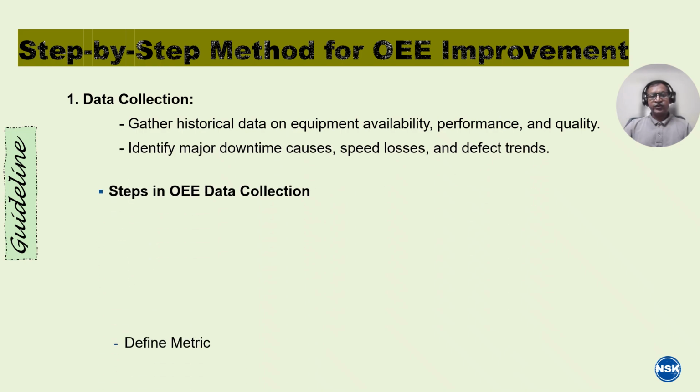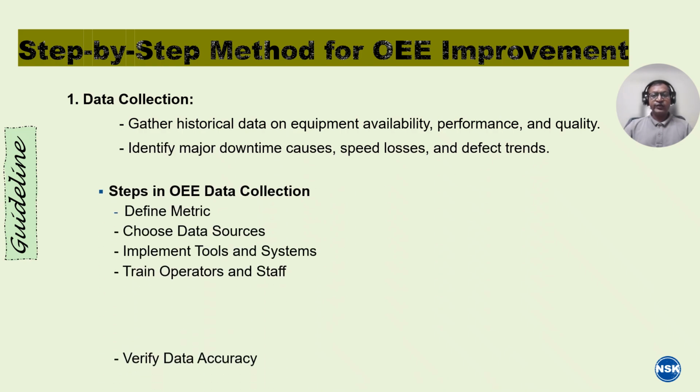There are certain guidelines for evaluation of OEE, or calculating OEE, and its improvement. Let's see them one by one. The first slide speaks about data collection. An important point to note here is that OEE is a time-consuming and rigorous activity.